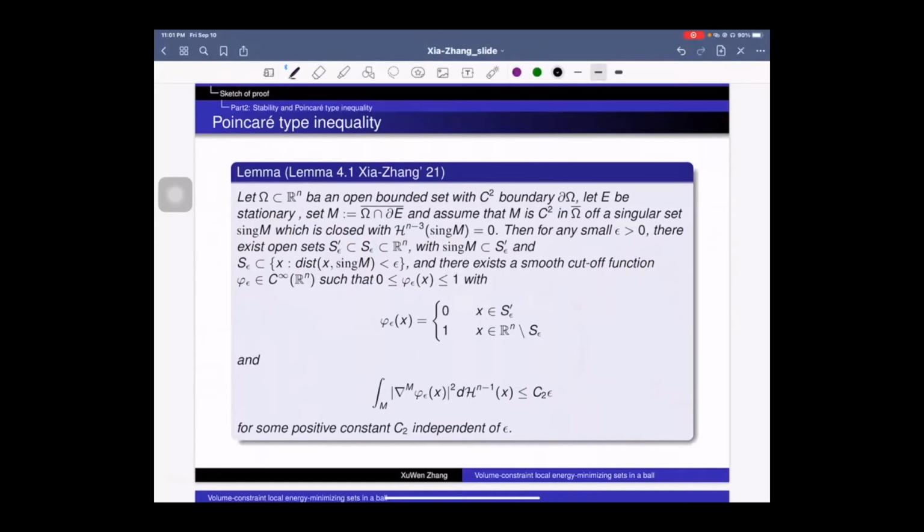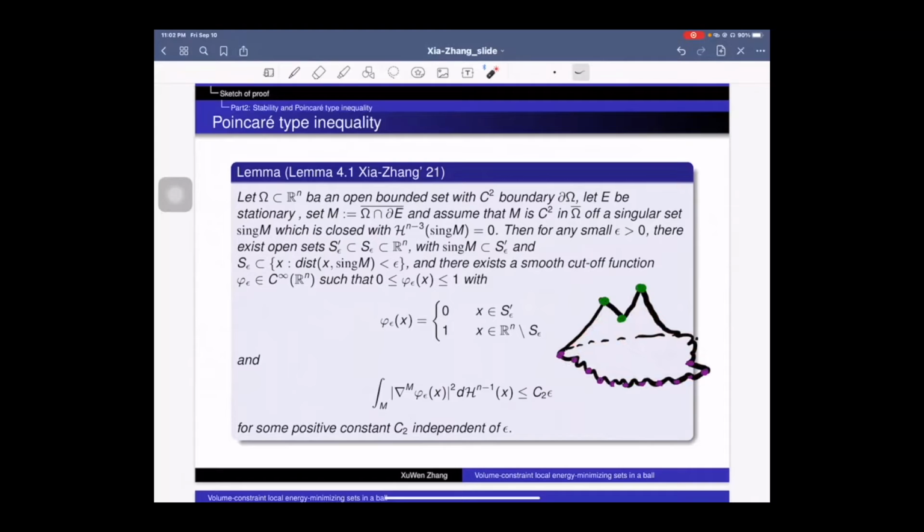And precisely, if this is M, and this part means the boundary of M, and this is the interior part of M. Then we can see that these points are the singularity inside omega, and these points are the singularity of M in the boundary of omega.